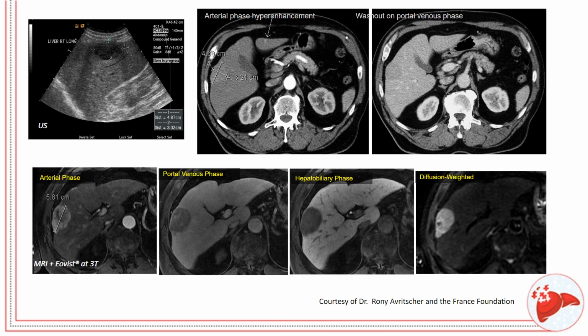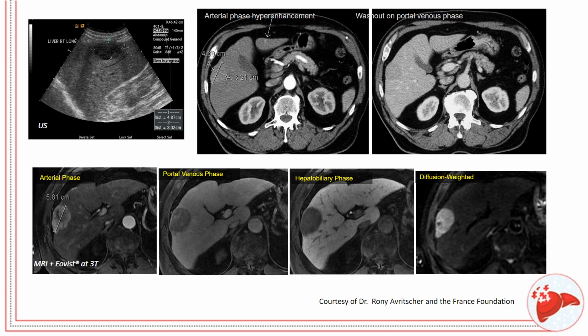So for example, in this MRI study, in the arterial phase here, which is highlighted by the strong dense signal in the aorta, the hepatocellular carcinoma shows hyper-enhancement compared to the surrounding parenchyma. And it also shows this smooth, well-demarcated border, also called a capsule.